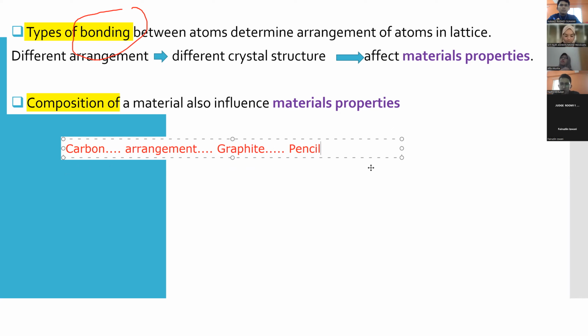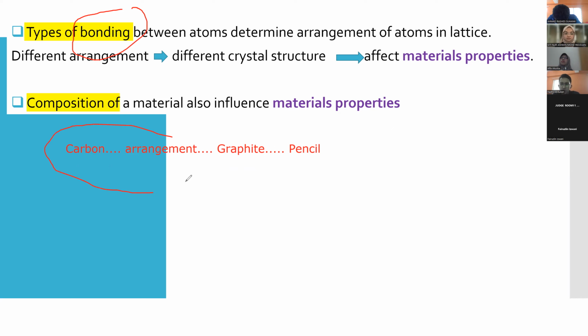But we do not talk about the pencil, we talk about the carbon arrangement. Why does it become a pencil? Because there is a bonding.